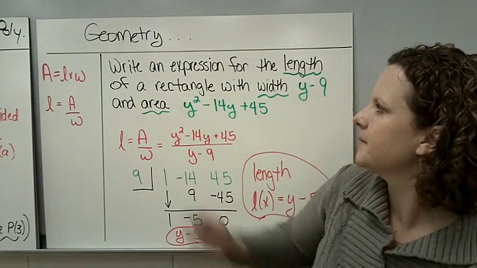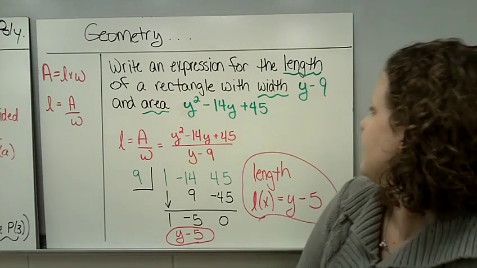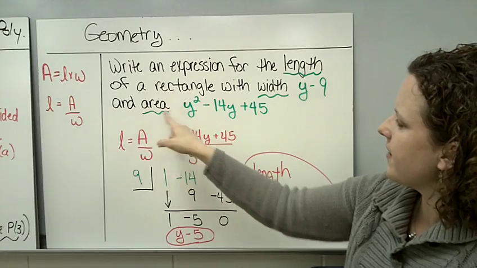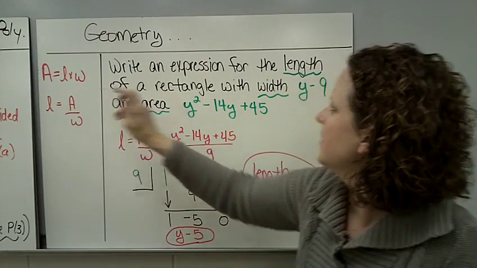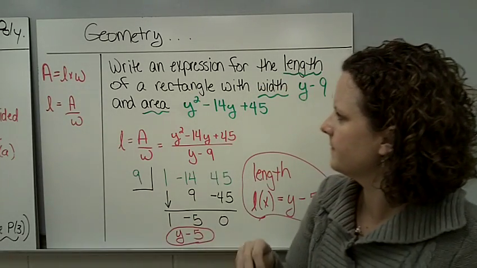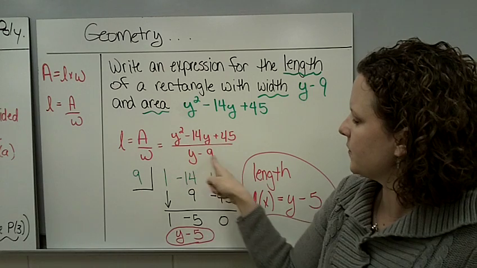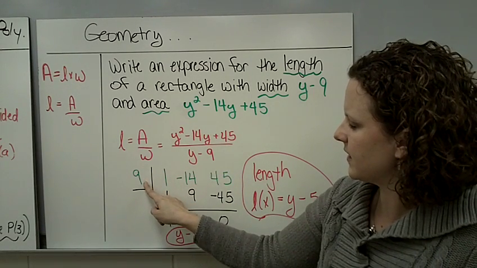One more geometry problem. Write an expression for the length of a rectangle with a width of y minus 9 and an area given. So if area equals length times width, we're looking for length. Length equals area over width. So we have area over width. Solve this for y, and it goes in the box.